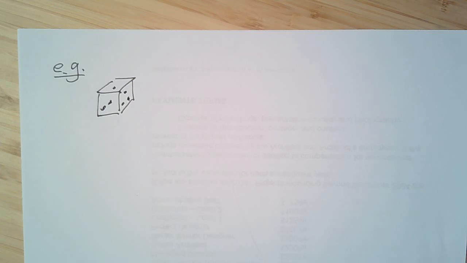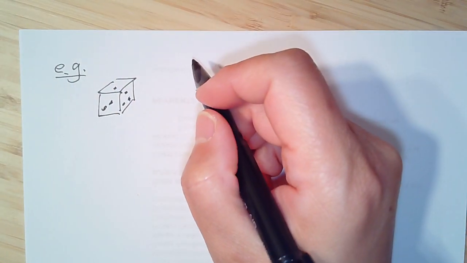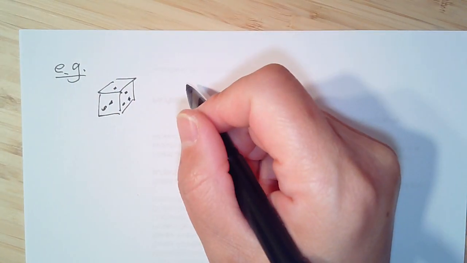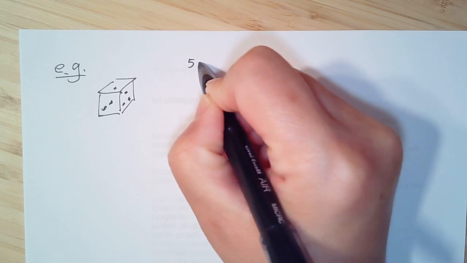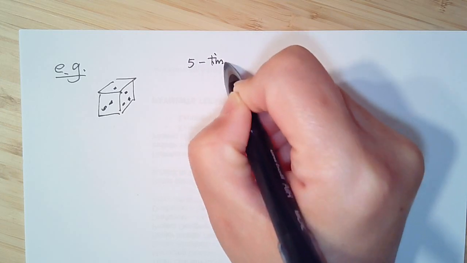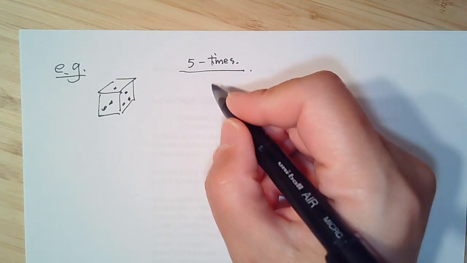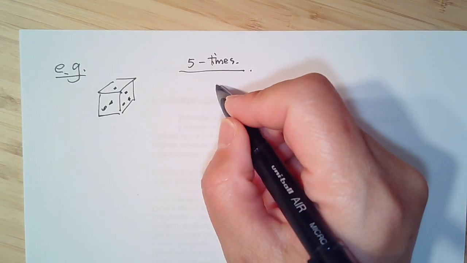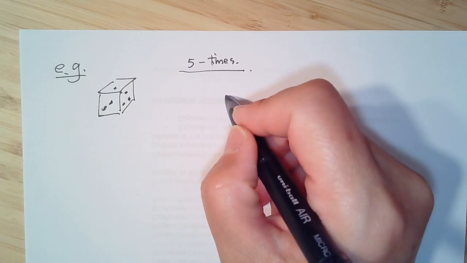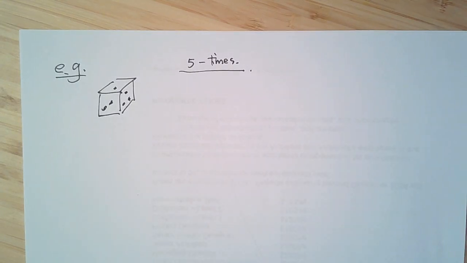So if you roll a die 5 times, what is the proportion that you're going to get for an odd number? Find the proportion of odd numbers. If you roll this 5 times, the first time you might have even or odd, the second time you have even or odd, right?